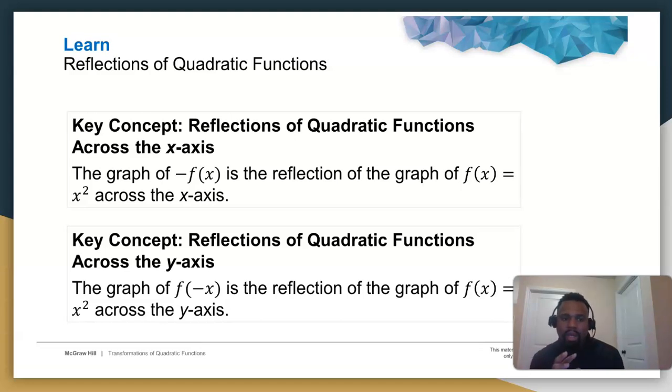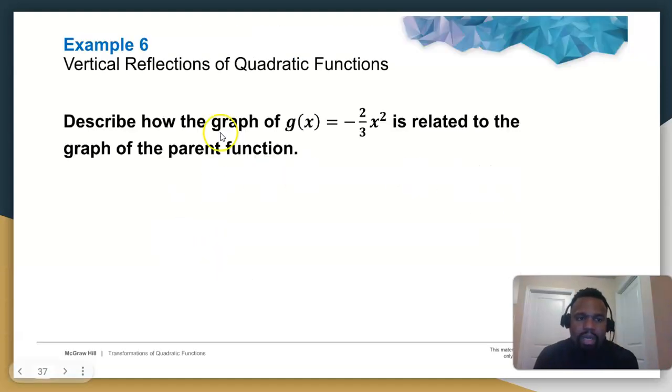Now with the horizontal reflection, you're reflecting across the y-axis. Your parabola is still an upward parabola, but it may be different somehow when you're looking at certain points on your graph. All right, so when I'm looking at this vertical reflection here, negative 2/3 x squared, this is our leading coefficient. Since it's negative, we know that we're going to have a downward parabola.